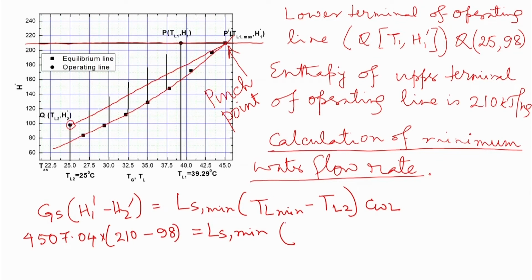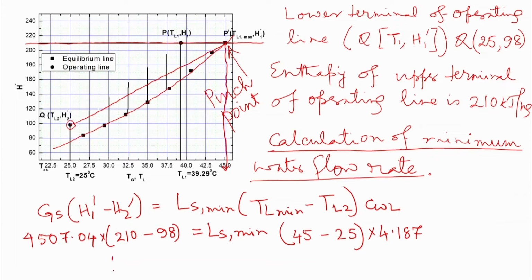where TL minimum is the water temperature coming out of this dehumidification column, which here is 45 degrees Celsius, minus TL2, already given in the problem as 25 degrees Celsius, and CWL is equal to 4.187.